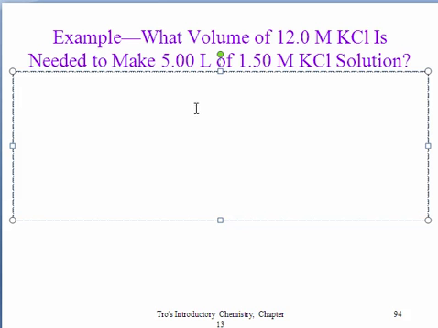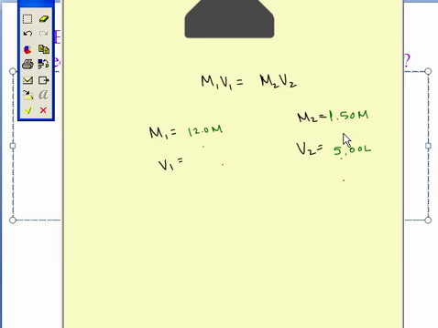So let's look at this example. What volume of 12 molar potassium chloride is needed to make 5 liters of 1.5 molar KCl solution? So the first thing we want to do is write out our equation. After we write our equation, we want to go ahead and assign all of our values.